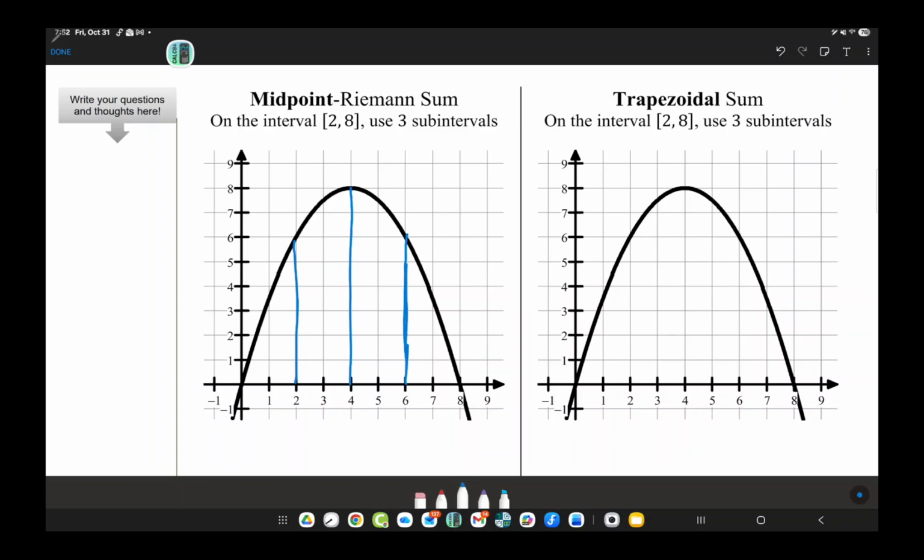But we are going to base the height of the rectangle off the value at each midpoint. So I'm going to find f of 3, f of 5, and f of 7. The equation is f of x equals 4x minus 1 half x squared.